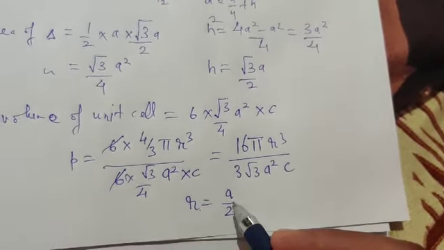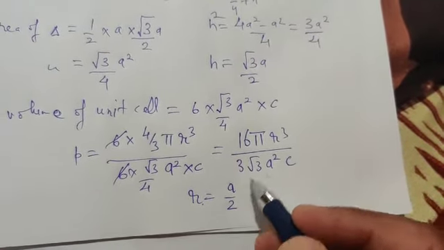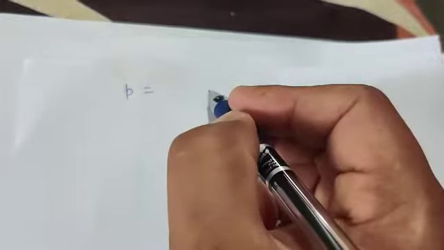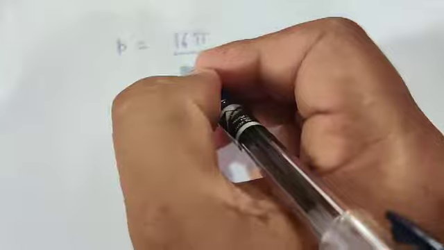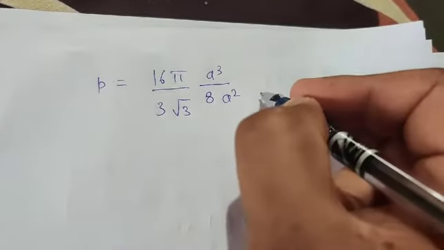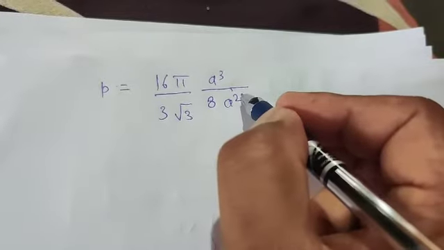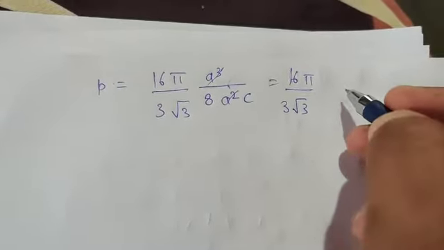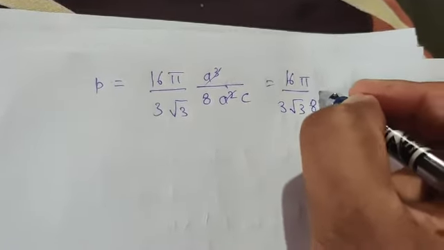If you put the value of R into this equation, the packing fraction will be 16 pi upon 3 root 3, and if you put the value of R cube, this will be A cube upon 8 into A square into C. So this will be cancelled, and we have 16 pi upon 3 root 3 into 8, into C upon A.